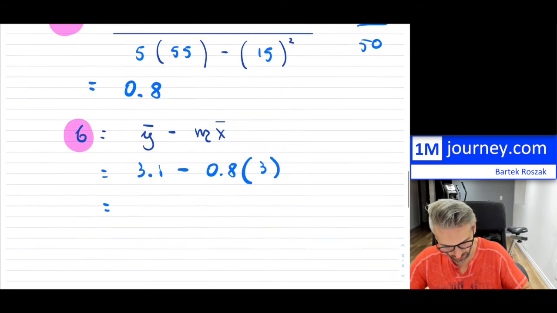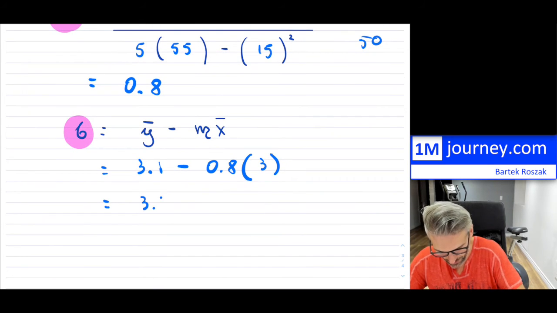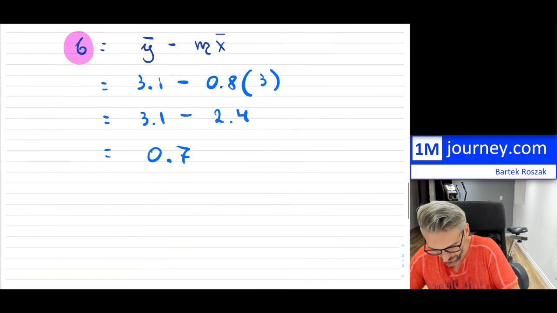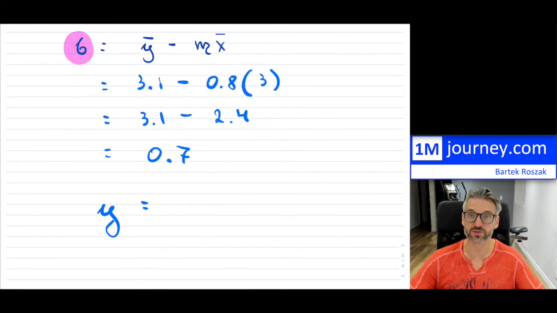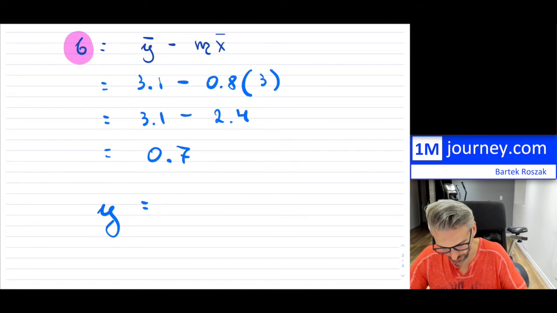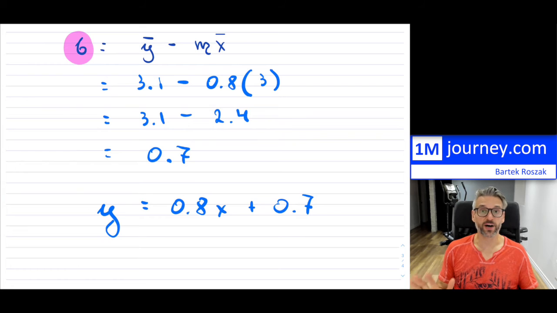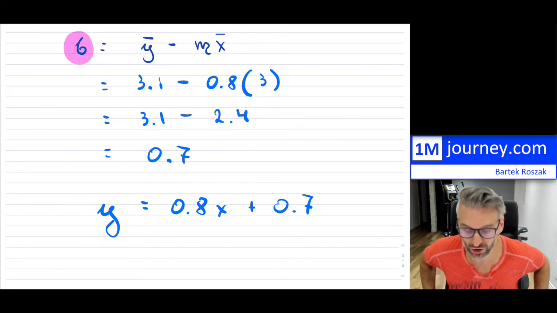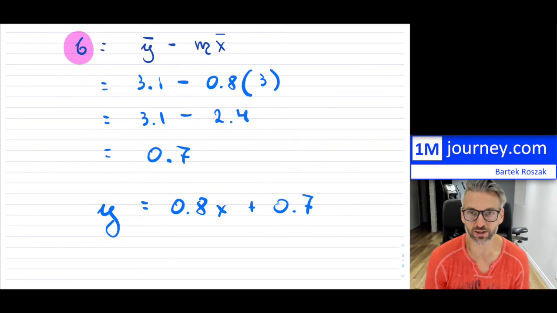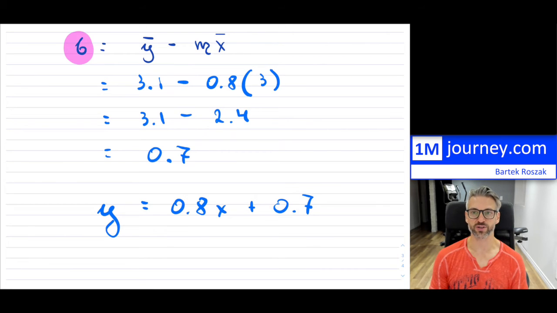So I can find out what that is. This is 3.1 minus 2.4, which is equal to positive 0.7. So my line of best fit on the least squares method for this linear regression becomes 0.8x plus 0.7. And I'm done. So that is basically the best I could do under this particular minimization for the linear regression.